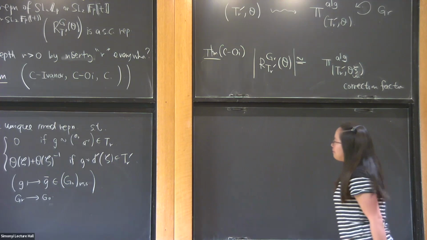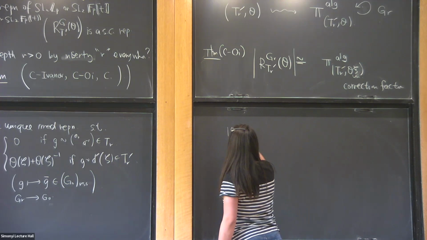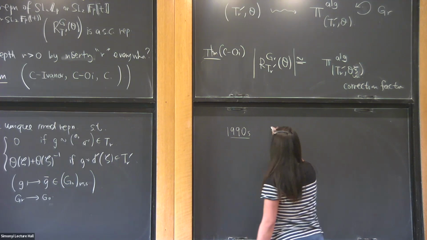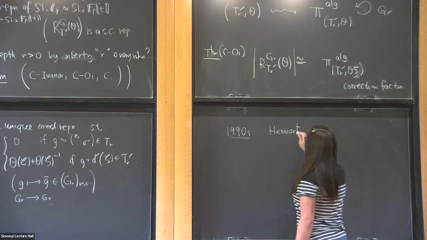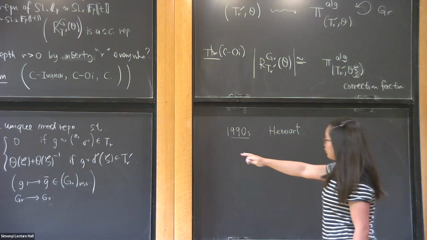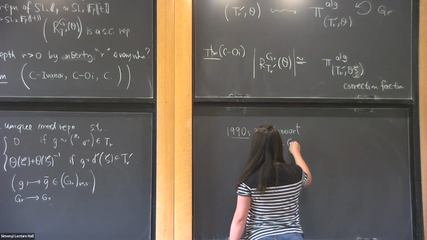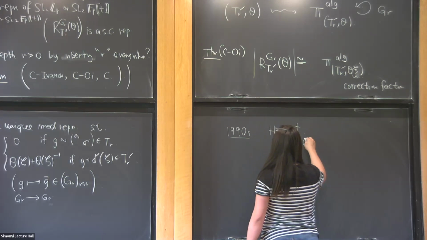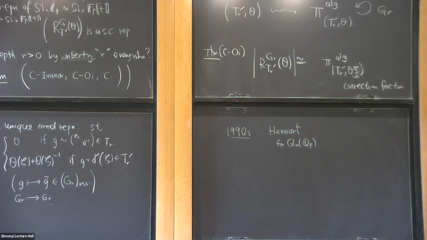In the early 1990s, Guy Henniart wrote down some version of a characterization theorem for some representations of GLN QP.